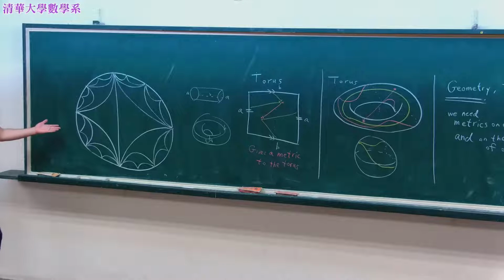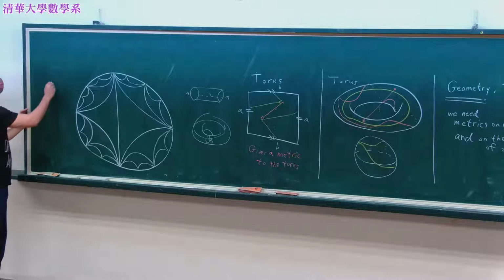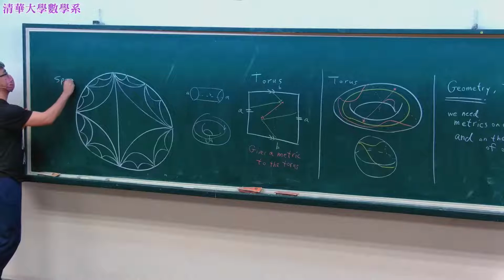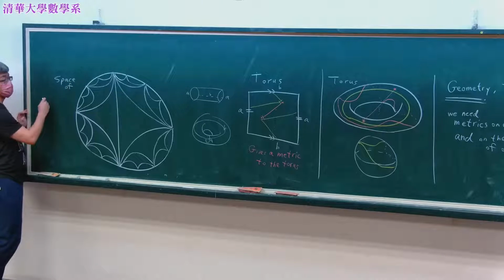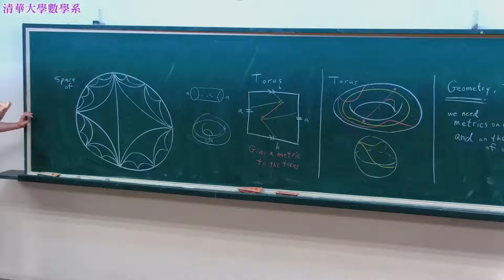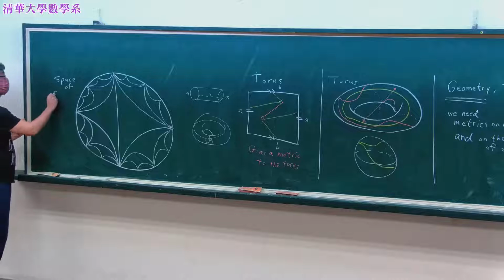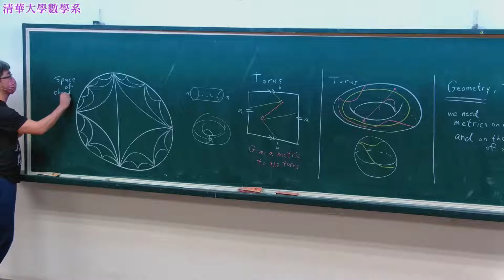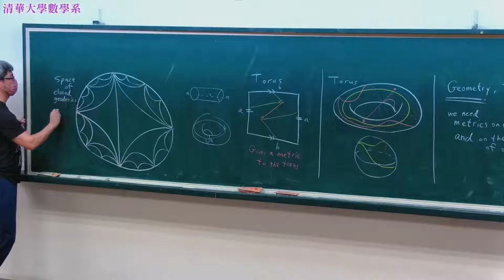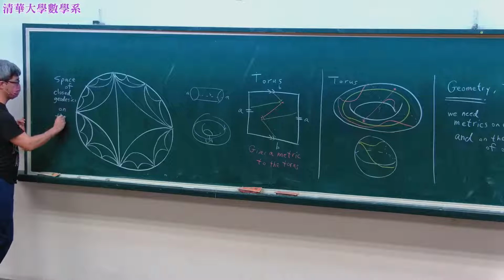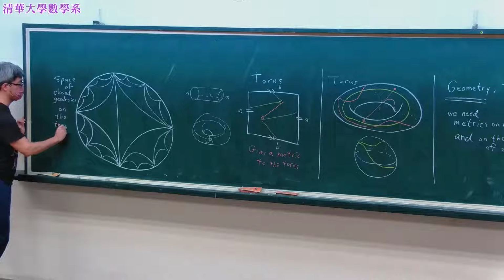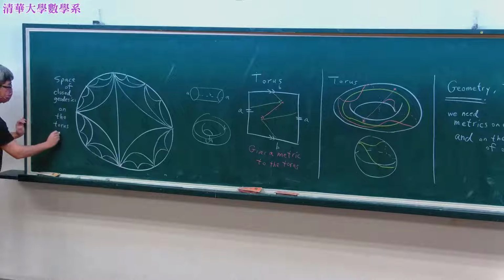I call this the space of curves on the torus. And I should be a little bit more specific. This is the space of all geodesics and closed geodesics on the torus with a flat metric.